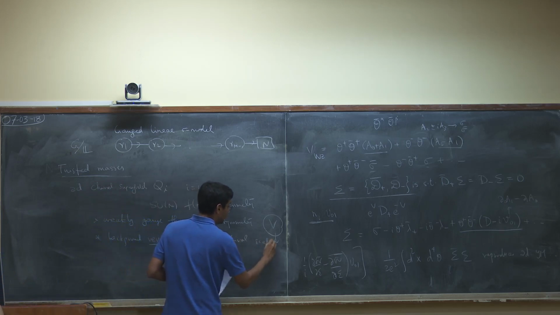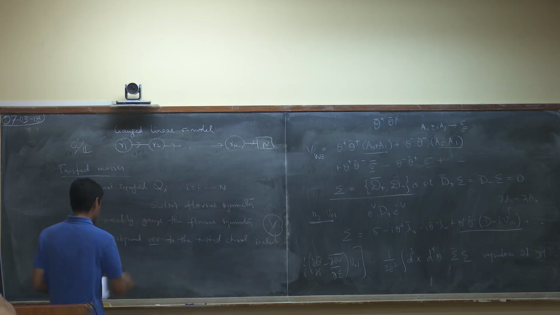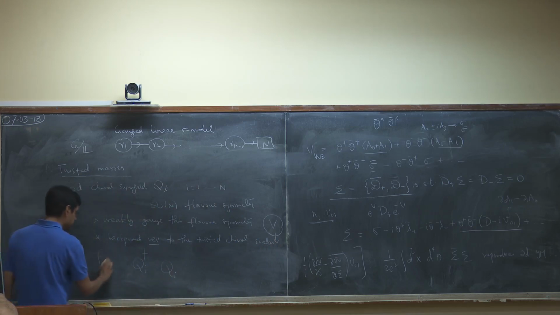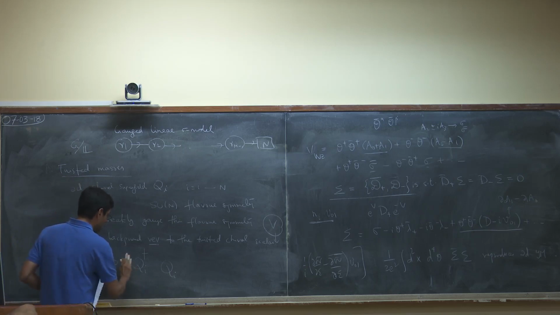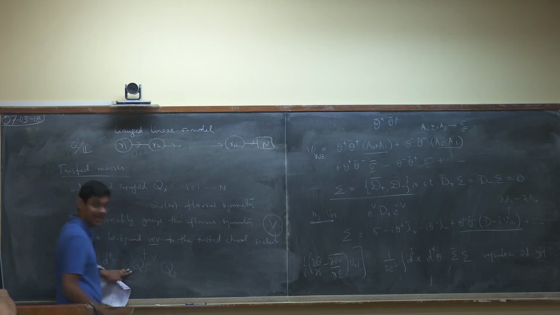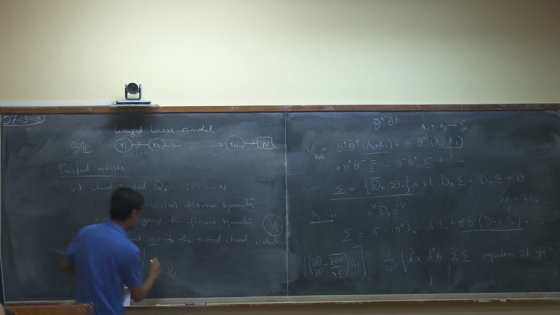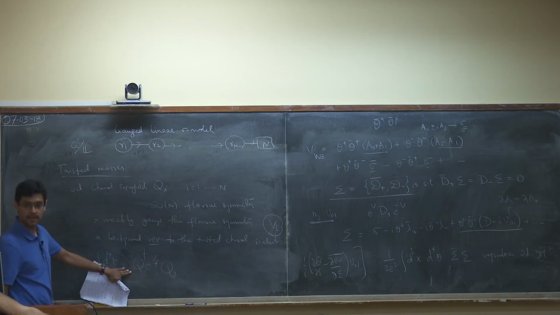So essentially all I'm saying is the following: suppose you had a term like so, d4 theta. Let me keep the I index implicit. Now I want to weakly gauge it, so I would put that. Let's call it V flavor to distinguish it from the other one.